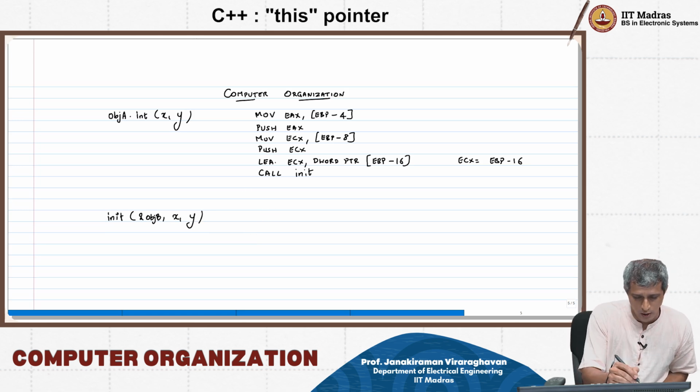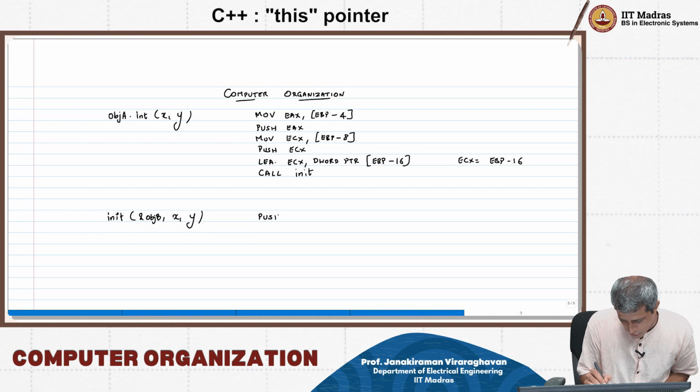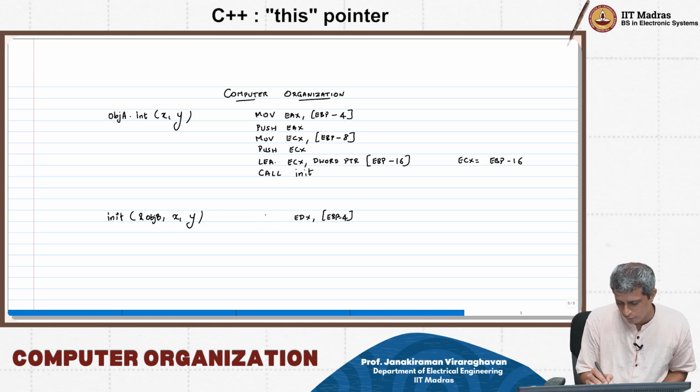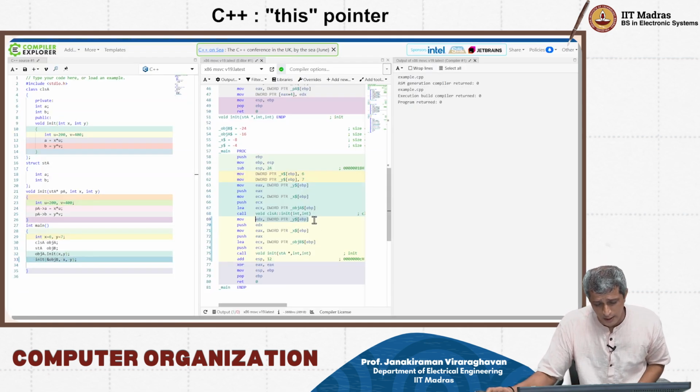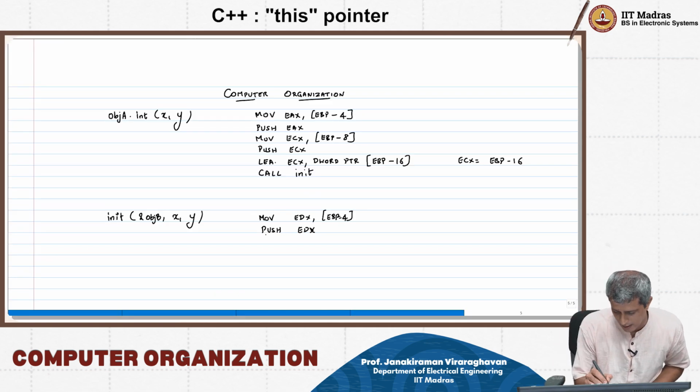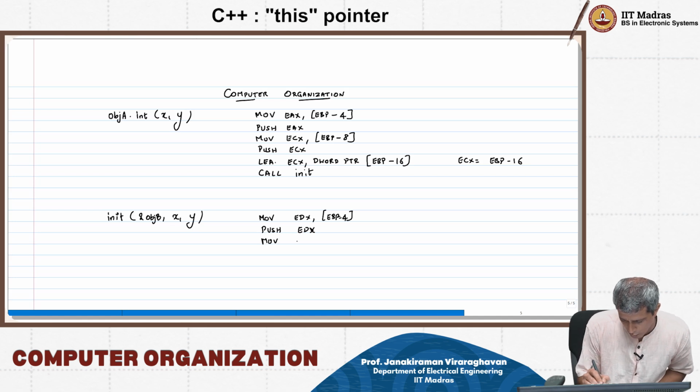Now this seems to be doing exactly the following: move edx, comma ebp minus 4, right? Sorry, move first and then push edx. Okay, so y is getting pushed onto stack out here, right? And then you're doing, what's the other thing, ecx again. Move ecx, comma ebp minus 8, right?